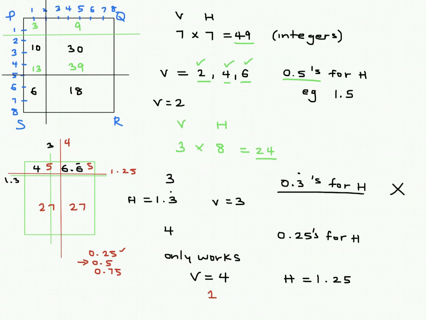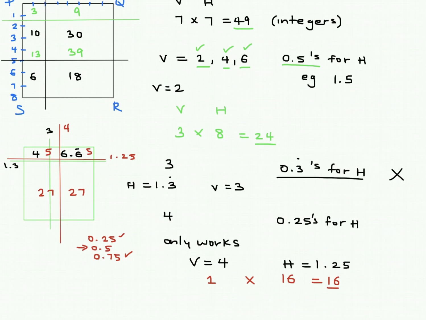So I just want to include these guys. So there's really only 2 between each integer. So 2 there, and so on. So 2, 4, 6, 8, 10, 12, 14, 16. 16 of those that would fit for h. So 1 times 16 is just 16. Okay. And then we just keep going.